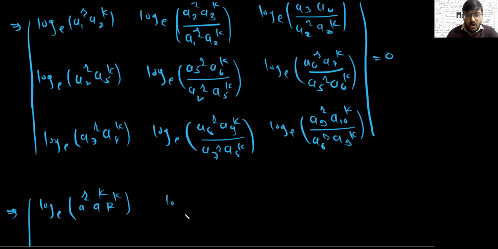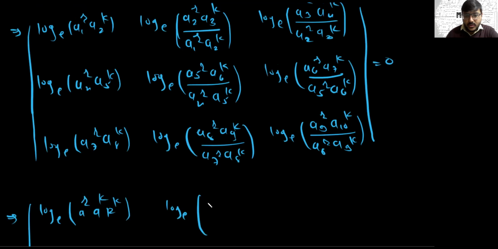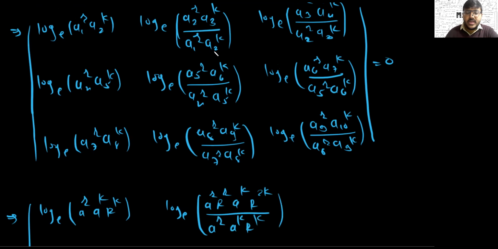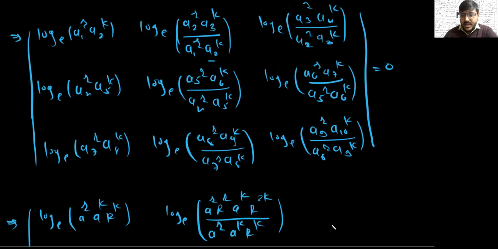Same way here, log base e of a raised to r, capital R raised to r, a raised to k and capital R raised to 2k, divided by a raised to r, a raised to k and capital R raised to k. I just put the values, as A2 is aR, so aR to the power k, like this. Same way here.